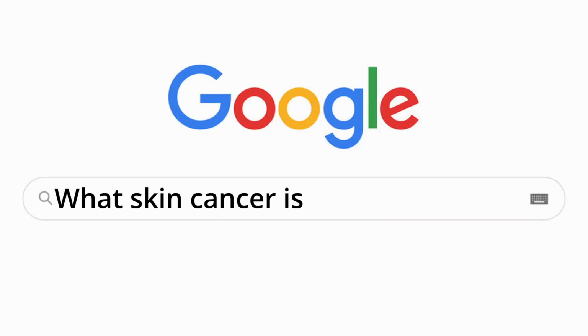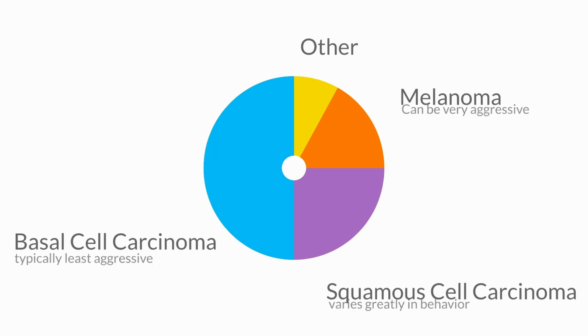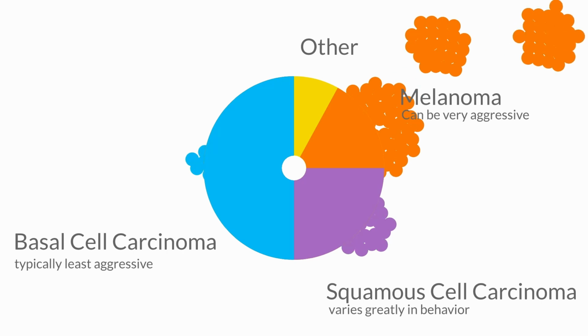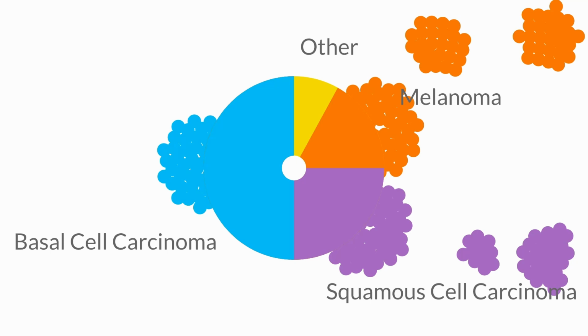So what skin cancer is most dangerous? In general, the more common the skin cancer, typically the less aggressively it behaves and therefore the less dangerous it is. But when thinking about risk of different types of skin cancer, it's often a lot less about the type, and much more important what stage that skin cancer is.